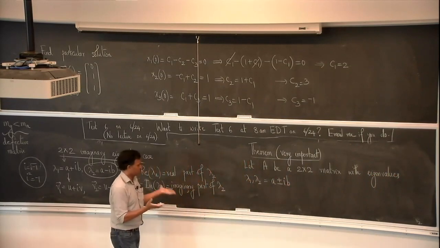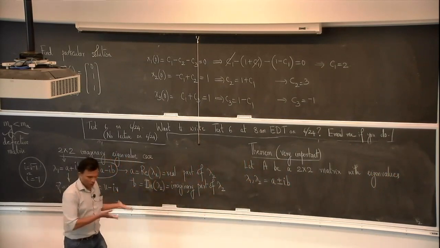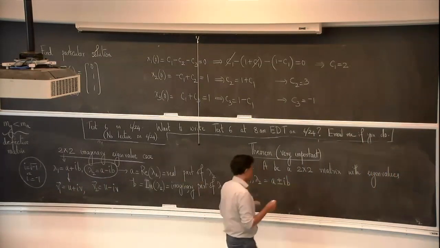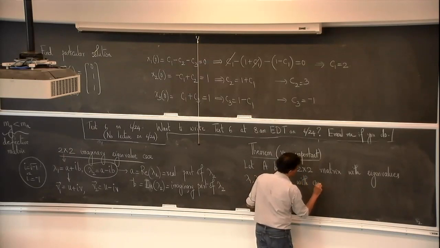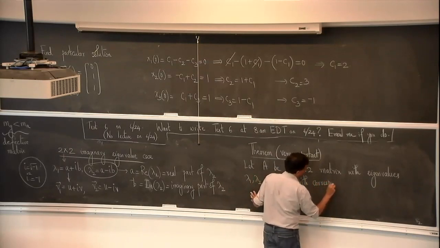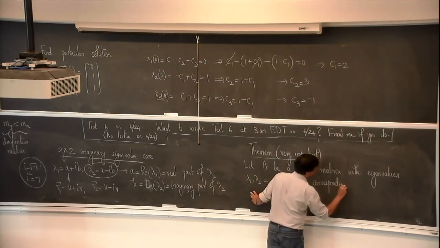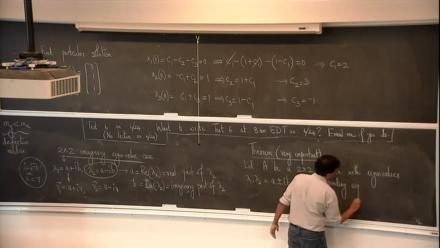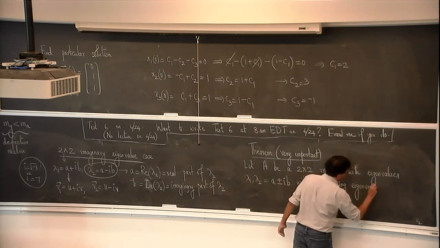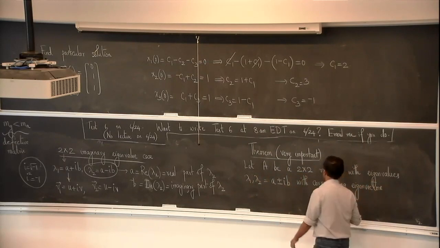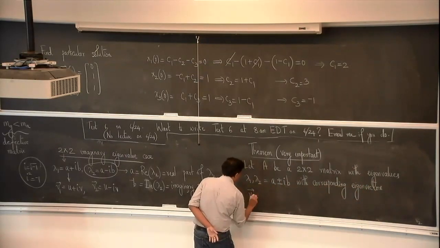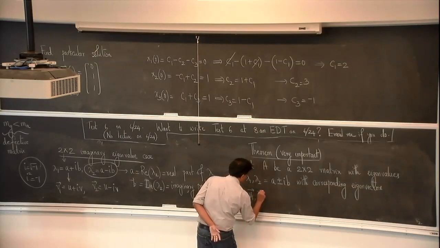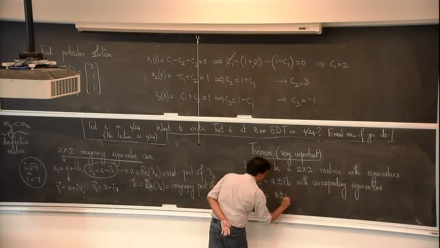Plus IB be lambda 1 or A minus IB be lambda 1, that's your choice, with corresponding eigenvectors V1, V2 equal to U plus or minus IV.